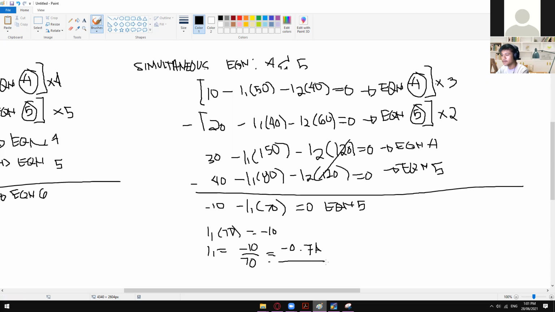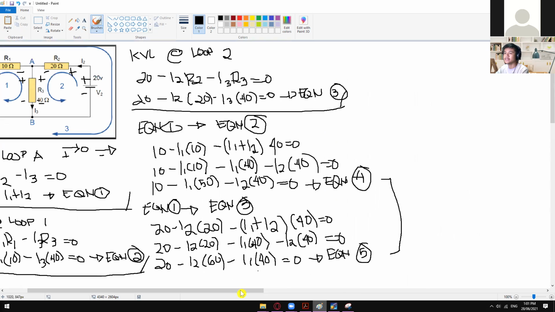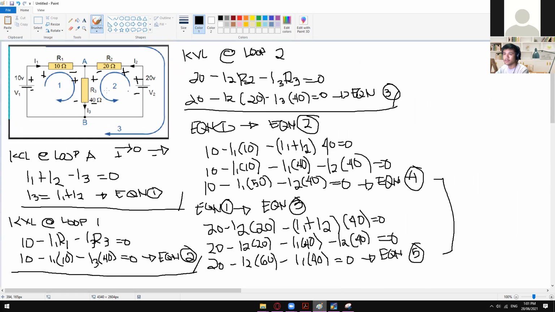ampere. Okay. So as you guys can see, we've got a negative value in here. It only means that our assumption on loop number 2 is incorrect. So our loop right here should be clockwise, not counterclockwise. So we have a loop clockwise and then another clockwise right here. So that's the correct rotation of this current right here.